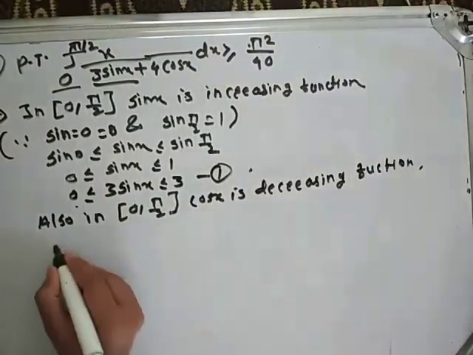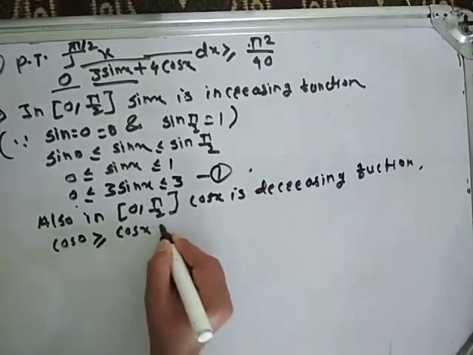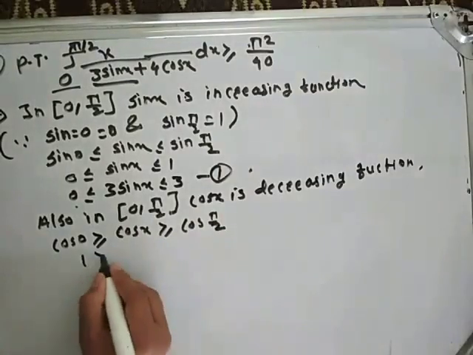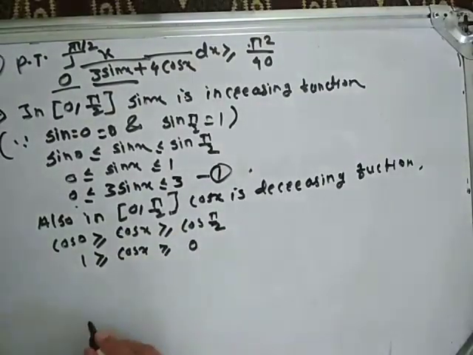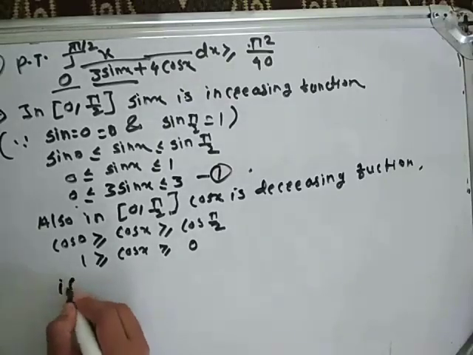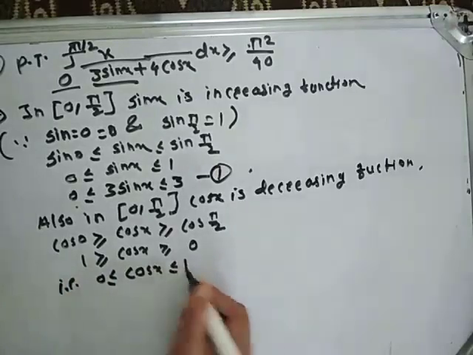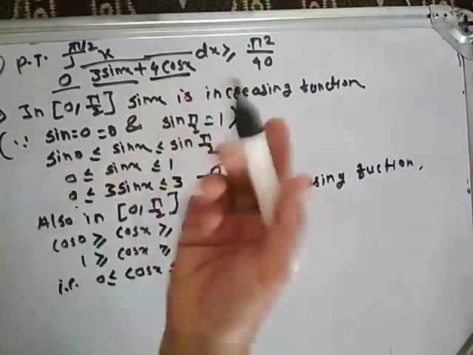So we will get cos 0 is greater than or equal to cos x is greater than or equal to cos pi by 2. So this is 1 is greater than or equal to cos x is greater than or equal to 0. This is 0 is less than or equal to cos x is less than or equal to 1. Here we require 4 into cos x.